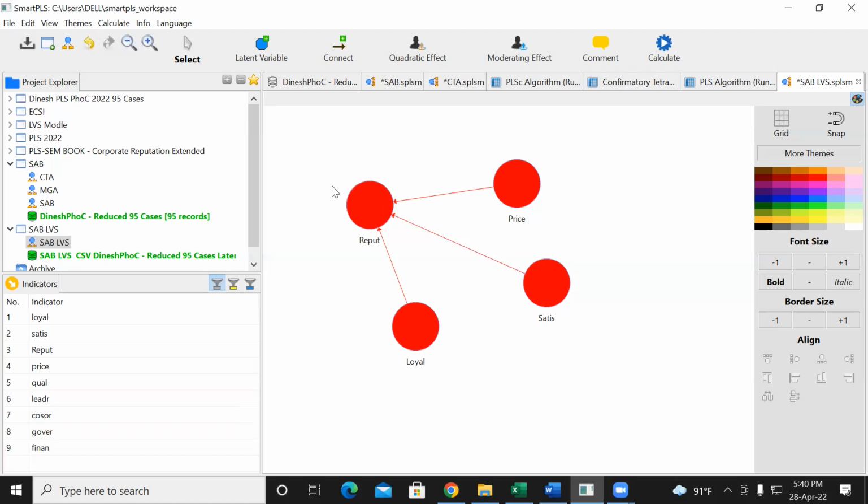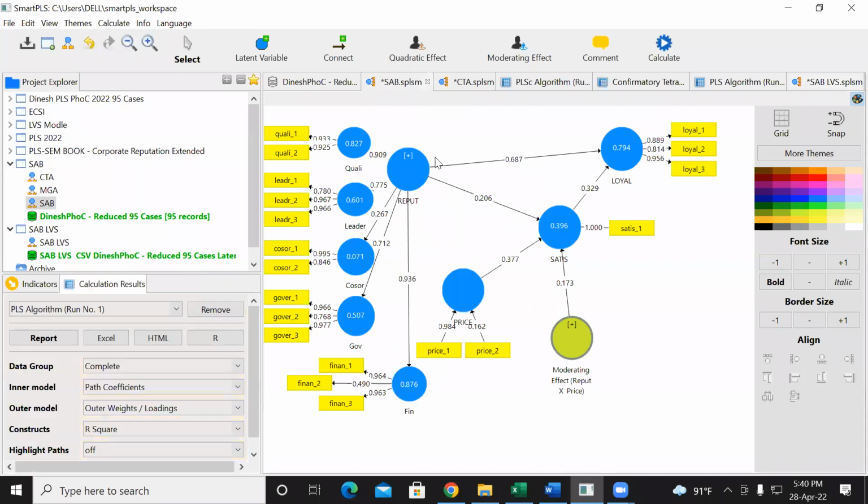I mentioned something like this. Now this is my model. We will assume this is my model. The original model is this. Now what's the endogenous variable here? Loyalty.